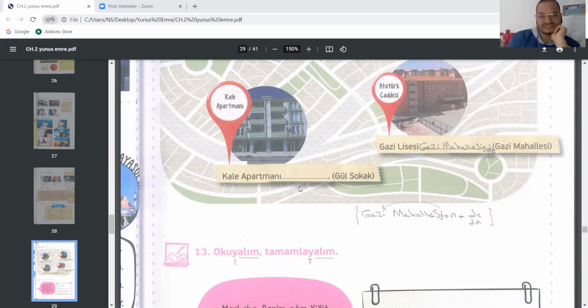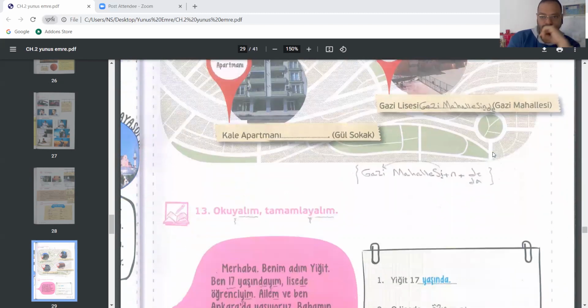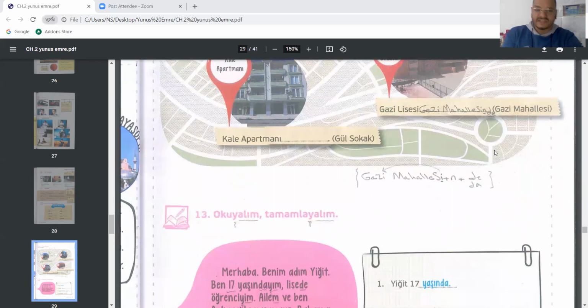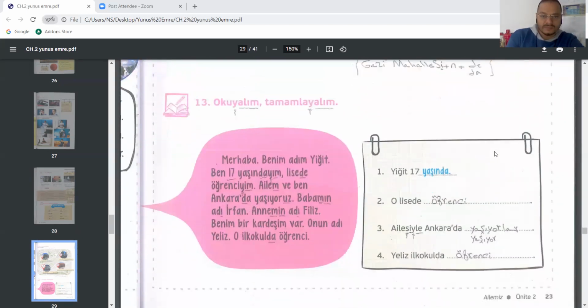Kale Apartmanı'nda. I will put an n and after that I will put da. Gazi Lisesi, Gazi Mahallesi'nde. I explained that in the previous slides. Gazi Mahallesi, I will put Mahallesi'nde. And I explained why.